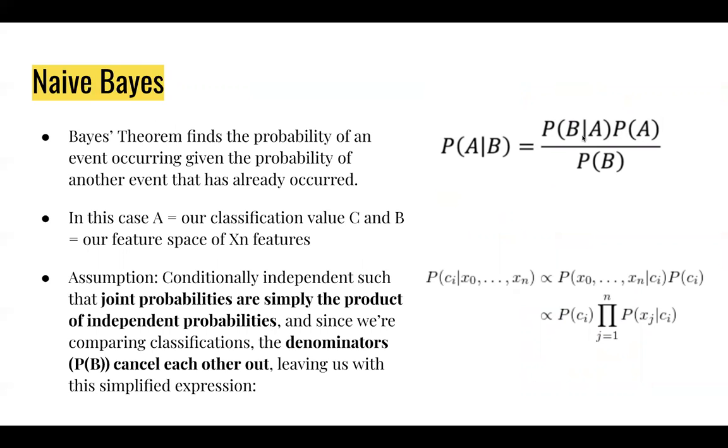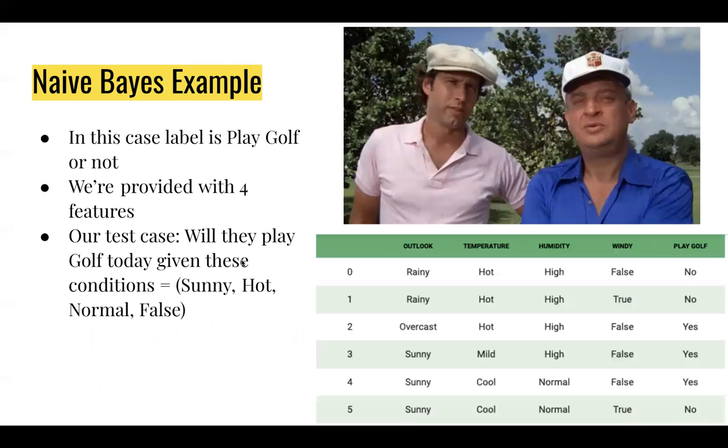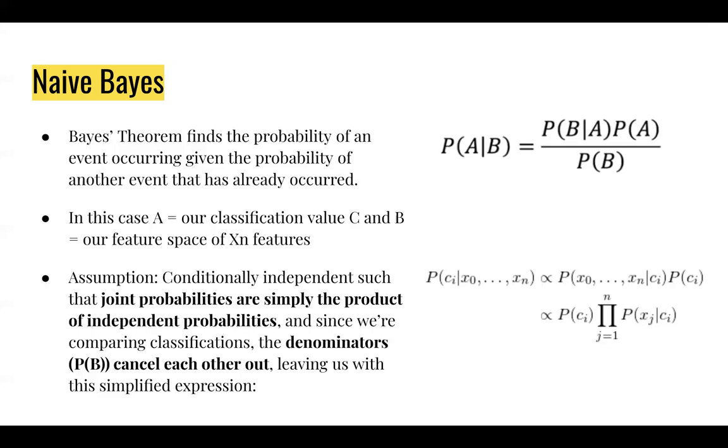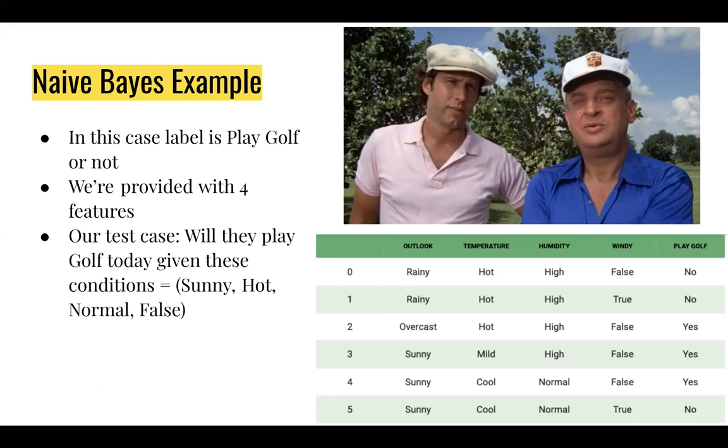So we have the probability of sunny given yes, the probability of hot given yes, the probability of normal given yes, and the probability of false given yes. We multiply those together, and that gives us the probability of B given A. Then we multiply by the probability of A, and we'll get our result.